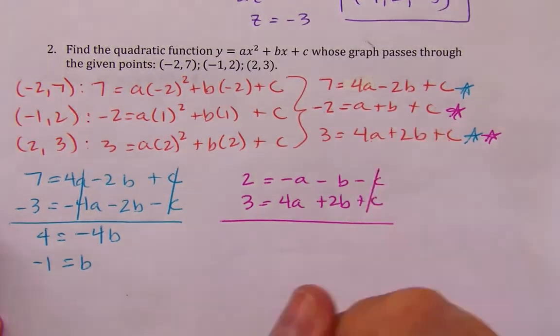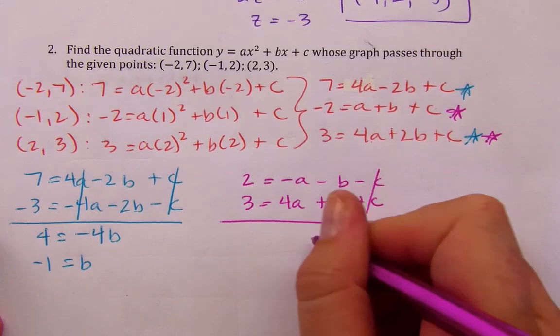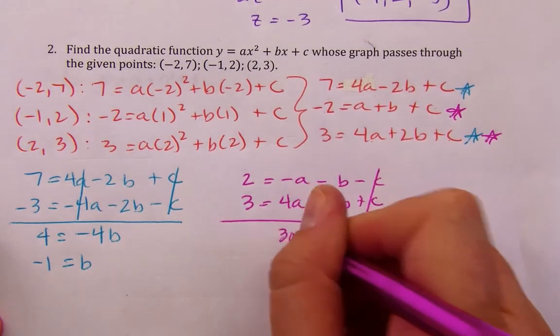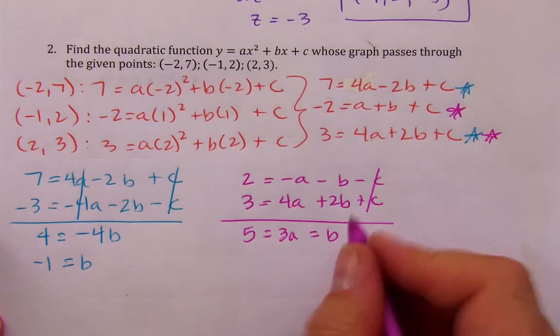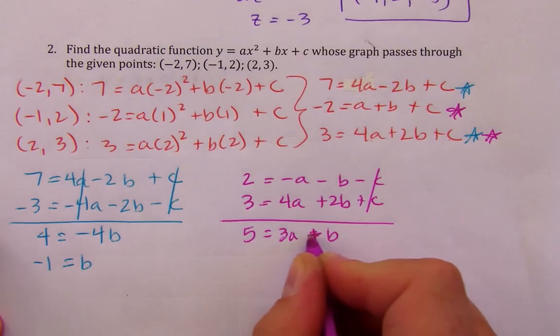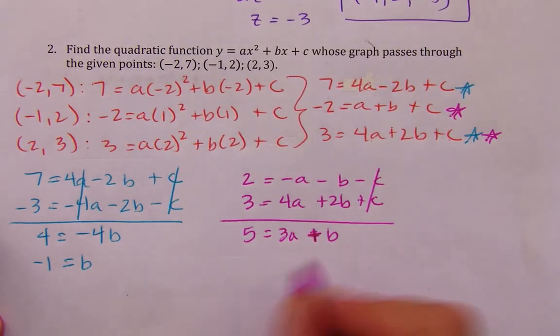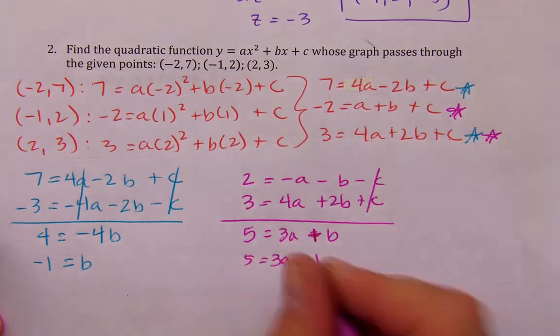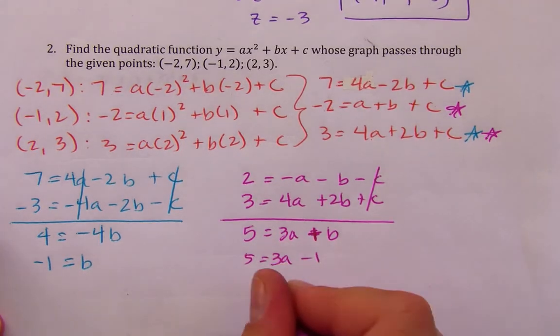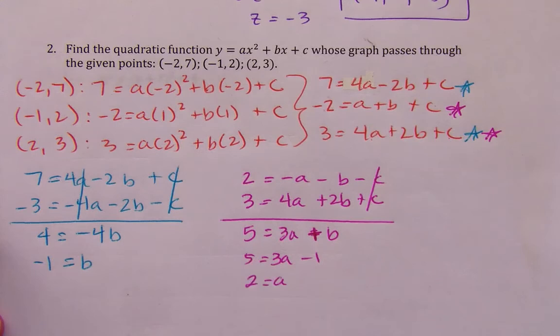My c's cancel, and I have 1b and 3 a's equals 5. But I have a value for b, so I can plug that in right here. So 5 equals 3a minus 1, adding 1 to both sides, dividing by 3, a is equal to 2.